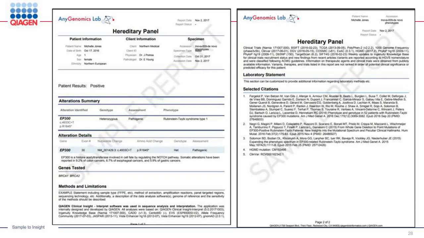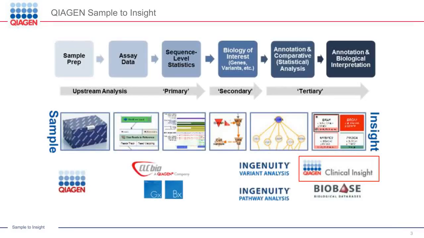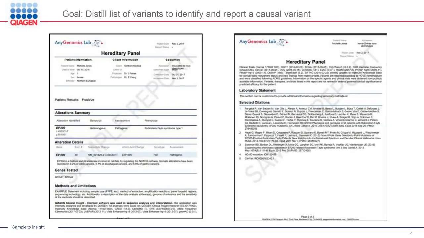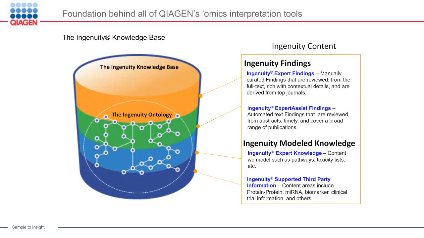I can go back to that slide. We do have full-time people, or at least part-time, at the MD and PhD level, to read and, using our controlled vocabulary, put in these expert findings.